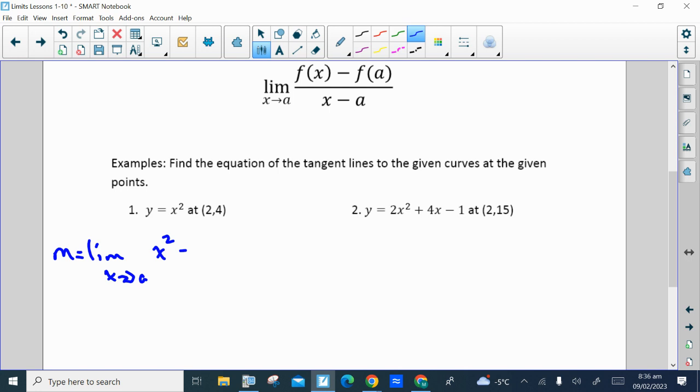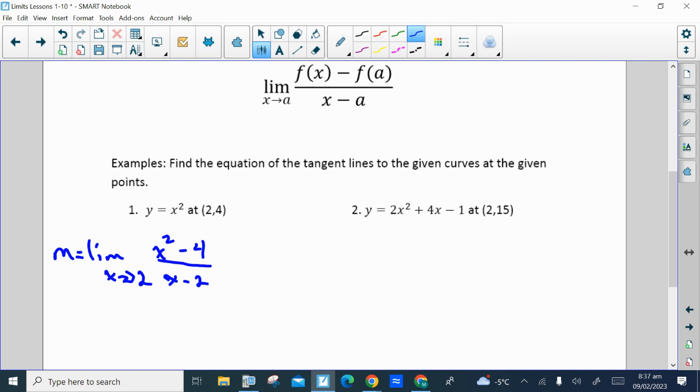That's the answer you'll get for y when you let x equal 2 in the equation, over x minus a, or x minus 2. And I should have put, instead of a in there, I should have put x approaches 2, because that is our a value. It is the value of x at the point of tangency.